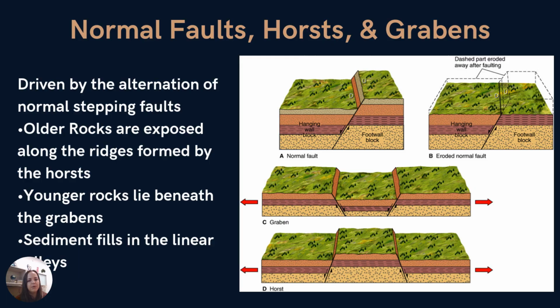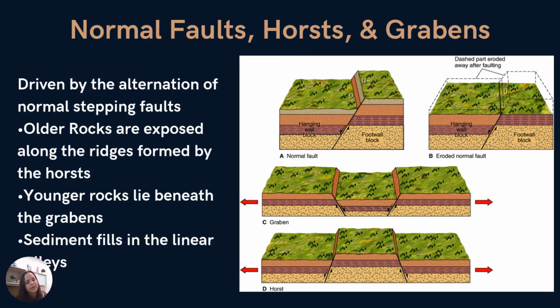So the graben would be a basin and the horst would be a raised ridge. We're going to see some older rocks exposed at the ridges along the horsts, and younger rocks are going to be in the grabens. And the grabens, which are our valleys, are going to be sediment filled. So it creates this really interesting landscape.